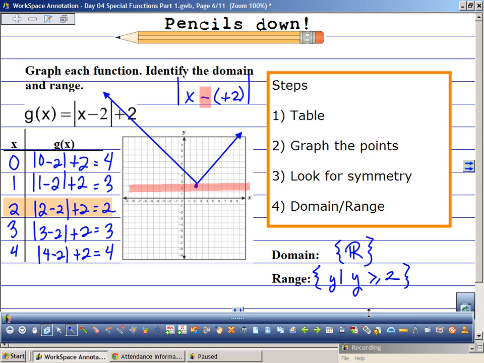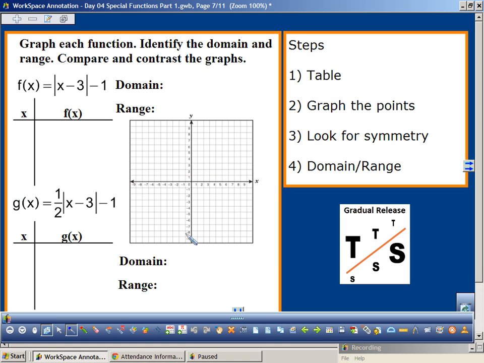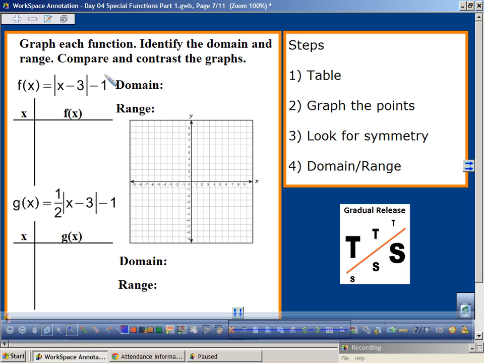How you guys doing? Not too bad? Alright, let's try this one together. Do you guys want to try it first? Let's talk about what it's going to look like first. What's this going to look like? What's the behavior of this graph going to be? Shifted vertically down 1, right? And where is it going to begin?